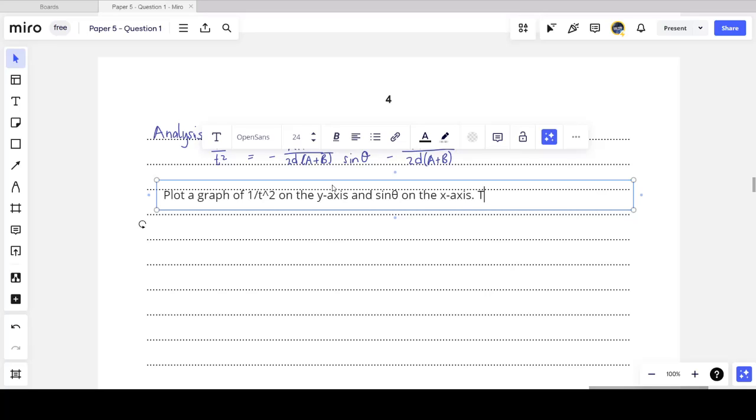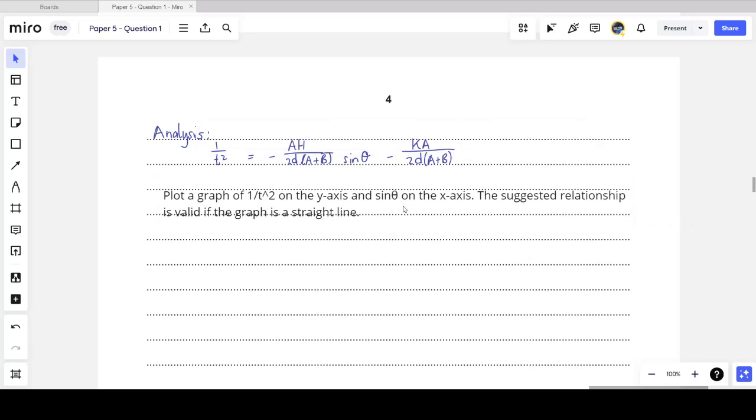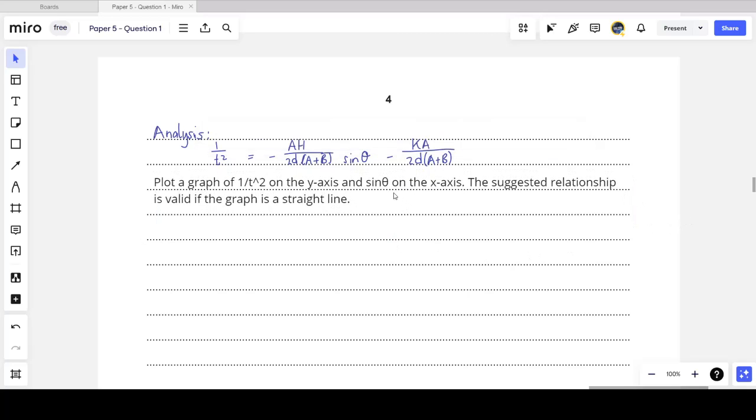And if this equation actually does hold true, the suggested relationship will be true if the graph is a straight line, because it fits the form of a straight line. So the suggested relationship is valid if the graph is a straight line. And it's not going to pass through the origin because I have a y-intercept here.